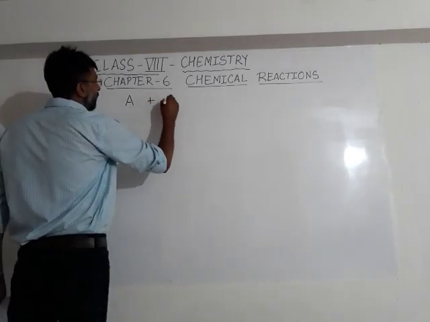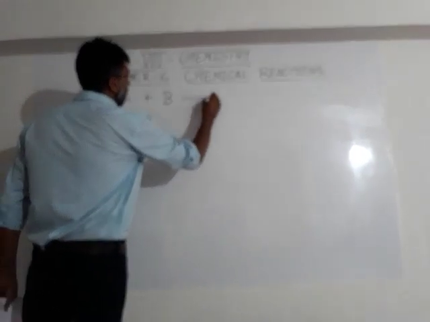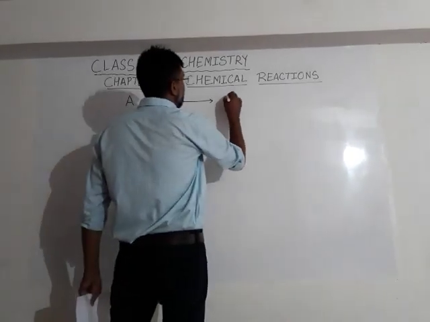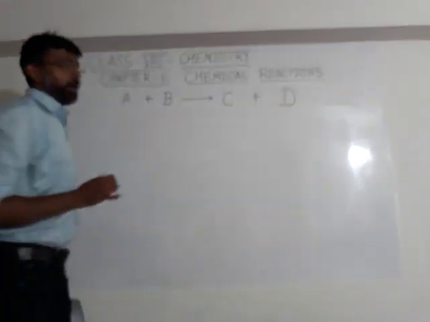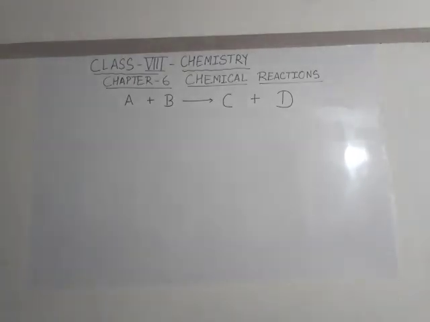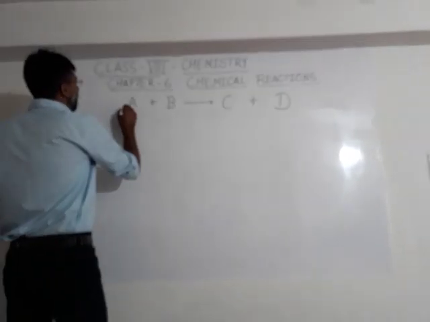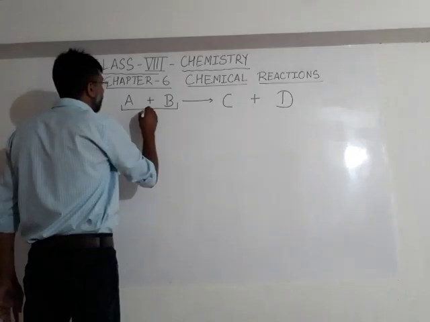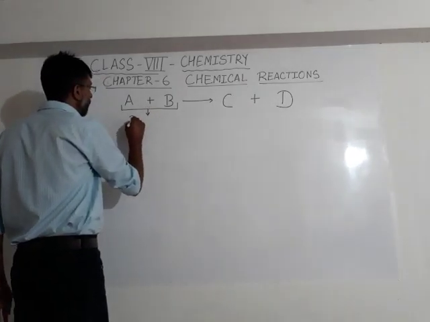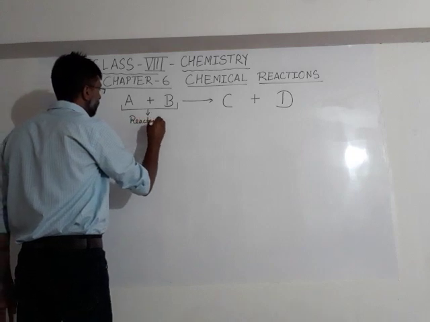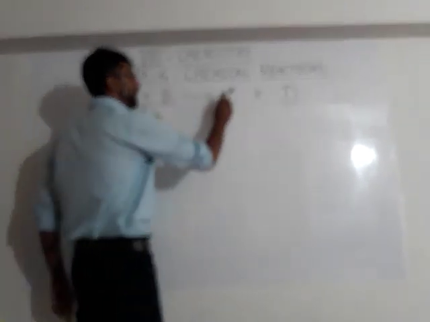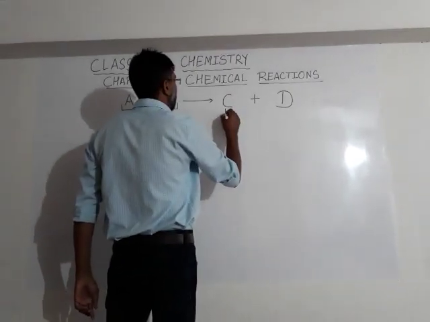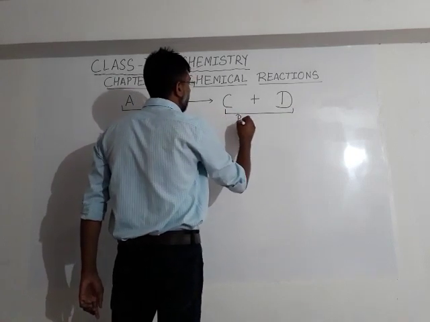If I write capital A plus capital B and then an arrow, we get C plus D. Now, this is a general chemical reaction where A and B are called reactants. And on the right hand side of the arrow, we have C plus D. These are called the products.